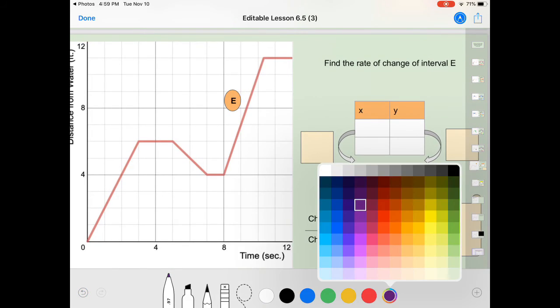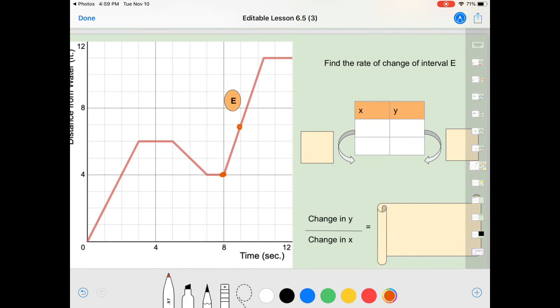What's the rate of change of E? Here's a perfect point, here's a perfect point, here's a perfect point. So I'll choose this one, 8, 4. And this one here is 10, 10. So 8, 4, and 10, 10.